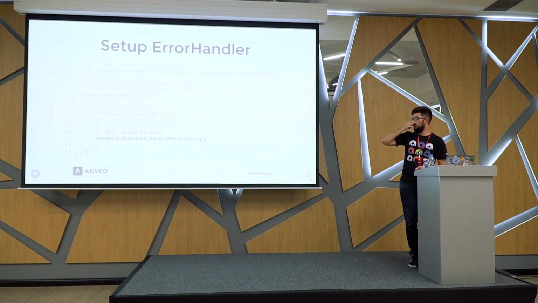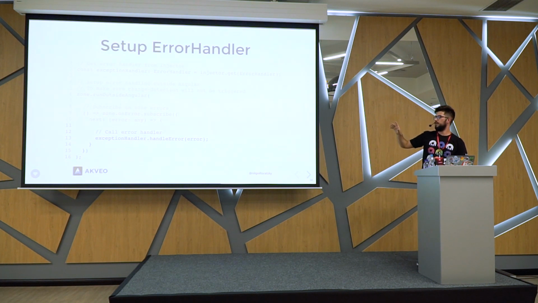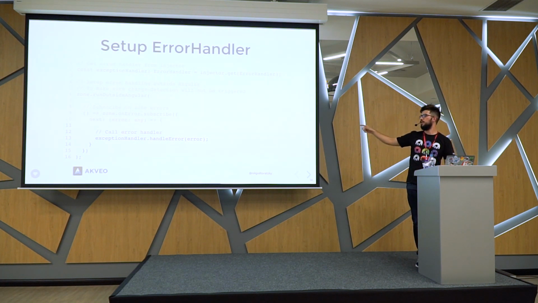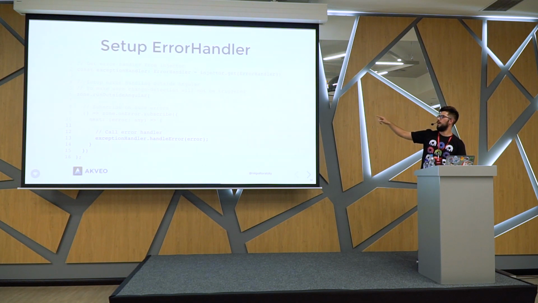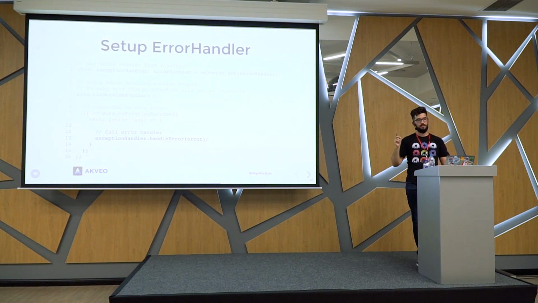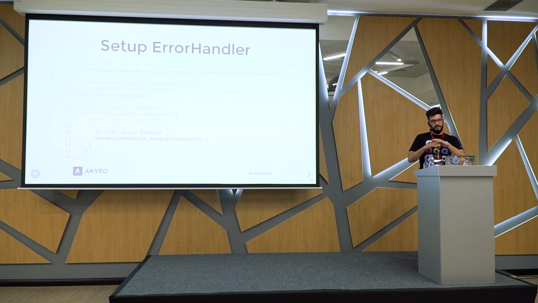But the one thing we need to notice here is that all this error handling logic is wrapped in the zone runOutsideAngular function, which means that error handling logic will never trigger any change detection runs in our applications.